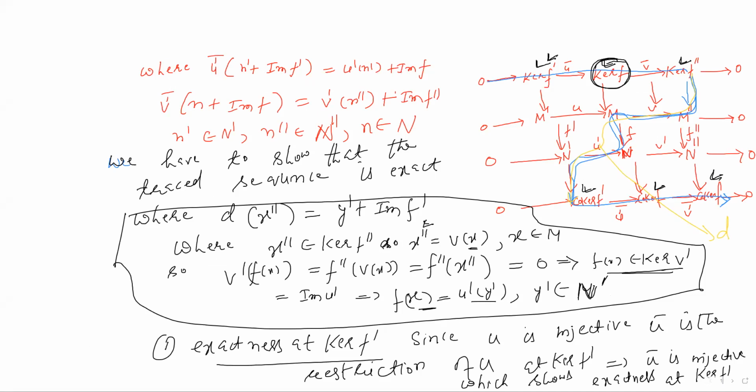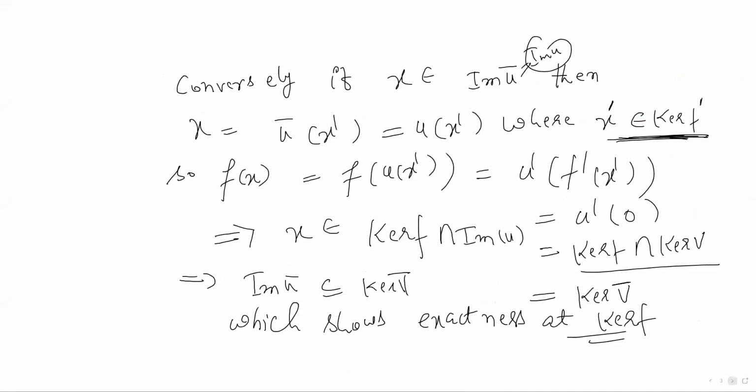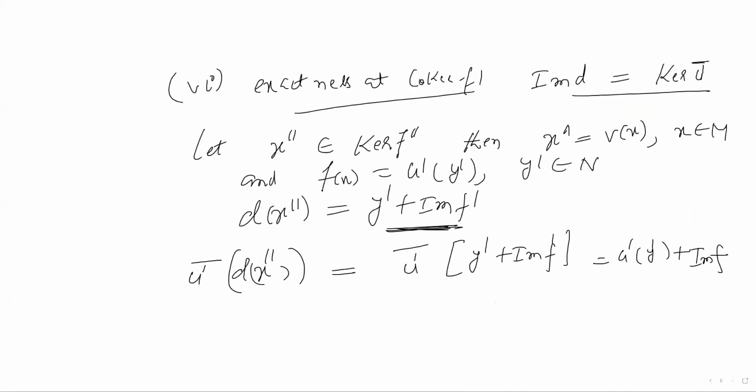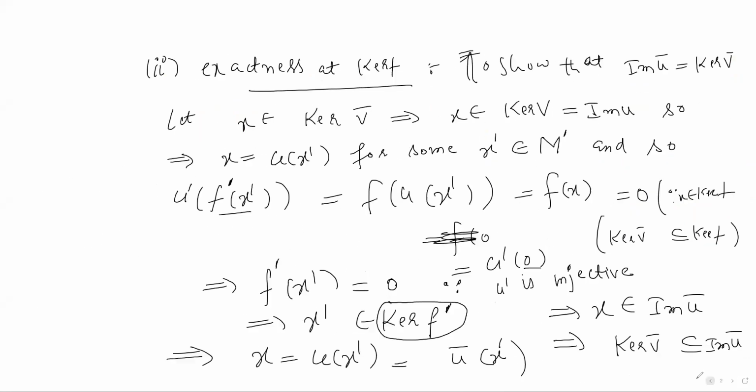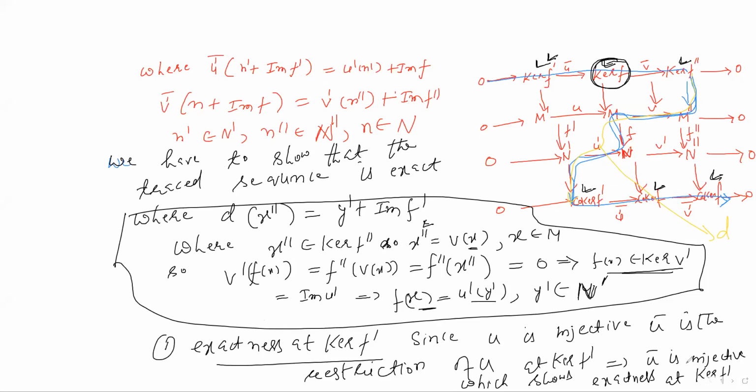U dash y dash plus image of f. And now u dash y dash भी image of f का ही member है. If you see it, u dash y dash है ना, ये f यहाँ से यहाँ आ रहा है, ये n में जा रहा है, u dash y dash बेसिकली n में है. ठीक है.